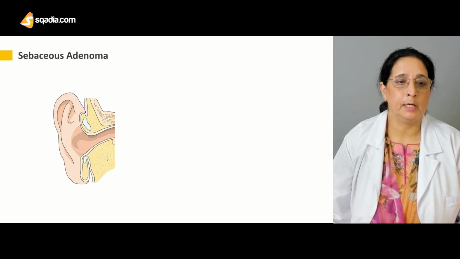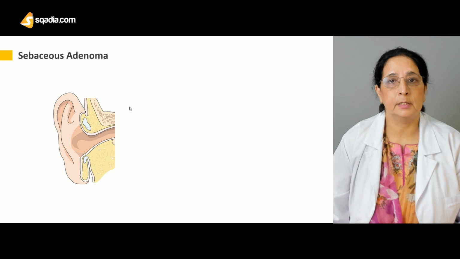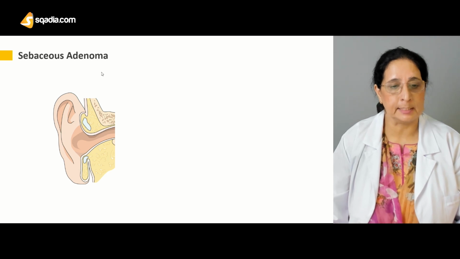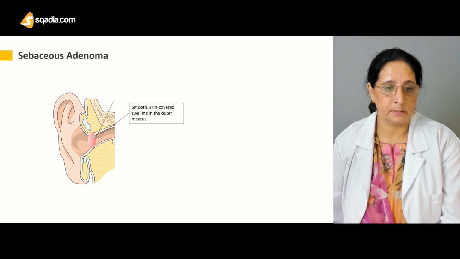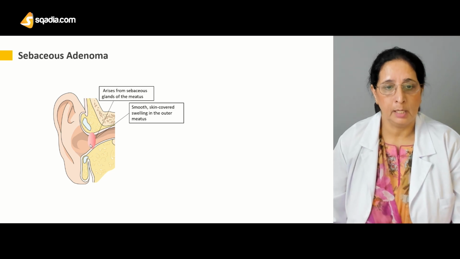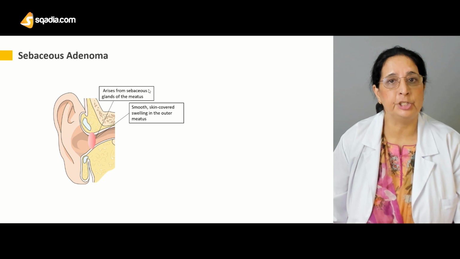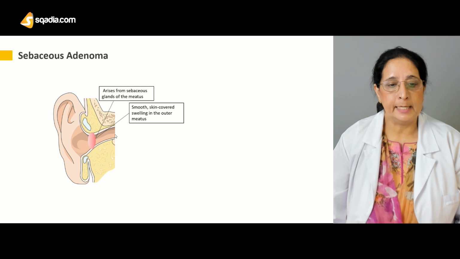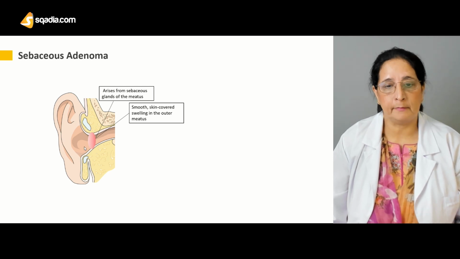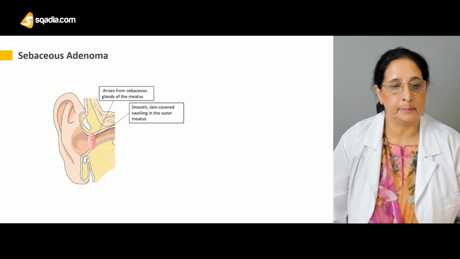Sebaceous adenoma is another type of benign tumor of the external auditory canal. That's the appearance of sebaceous adenoma. It arises from the sebaceous gland. It is a smooth, skin-covered swelling in the outer meatus.